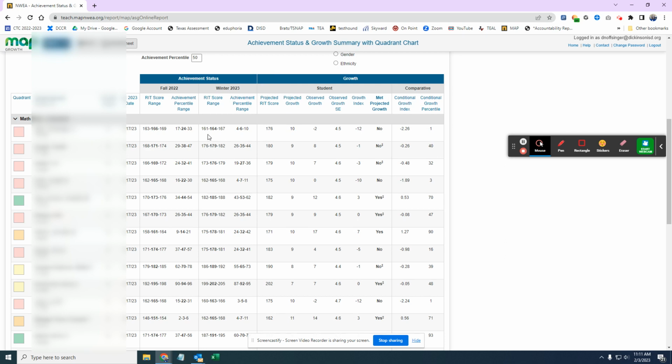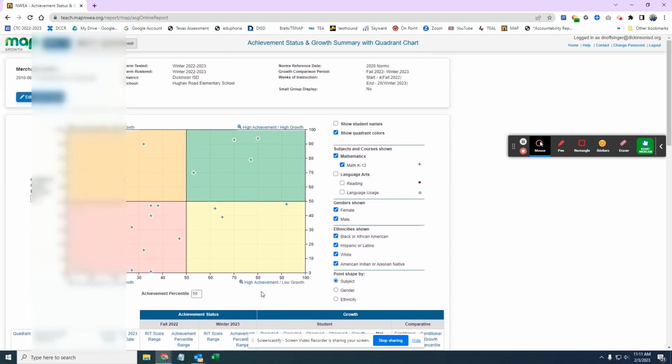What this shows is they actually went from a 166 to a 164, so they lost 2. So overall, they did not make the 10 that they should have, plus they lost 2. Therefore, they are at a growth index of a negative 12. Okay? And so we also see over here that it shows us the quadrant that the students are in. We would love to have everybody in the green quadrant.